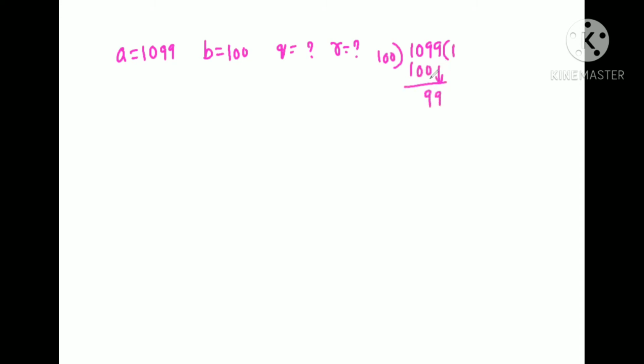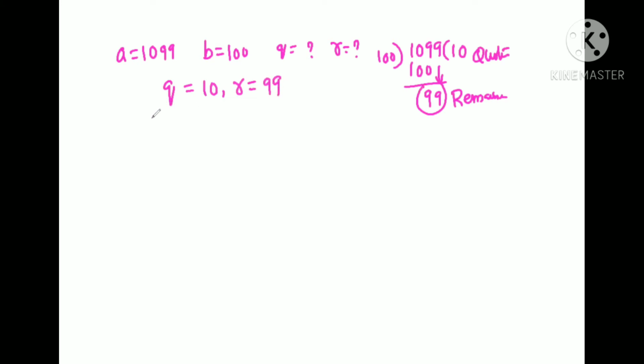Bring down 9. Can't go, so take 0, and this becomes the remainder, and this is the quotient. So here q is equal to 10 and r is equal to 99.